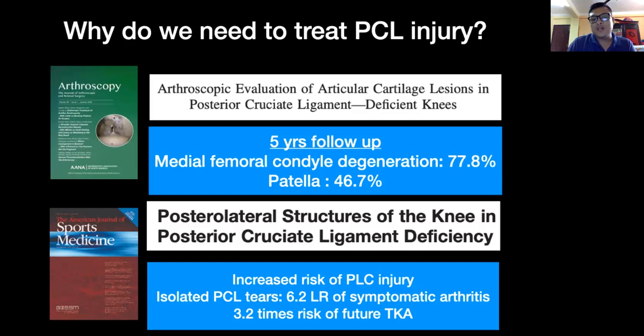It has been shown that isolated PCL tears, if symptomatic and not treated, have a likelihood ratio of almost 6.2 for development of symptomatic arthritis, and a future risk of TKA almost 3 times that of a treated PCL injury.